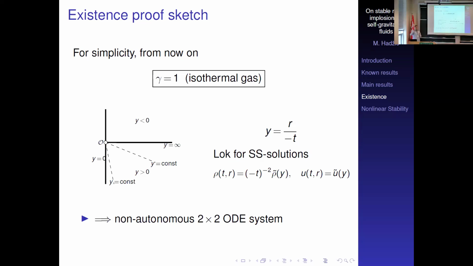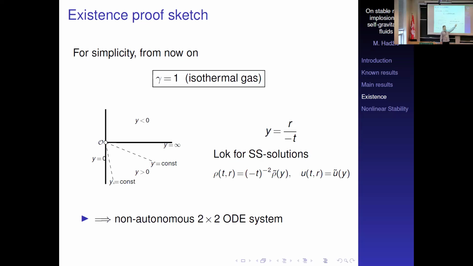I told you before there is a scaling invariance. In fact, Eli told you before there's a scaling invariance. So the right thing to do to look for a self-similar solution is to apply the correct scaling, which is this one here, when gamma is 1. And then you change variables, honoring whatever scaling invariance you have. And you see it here.